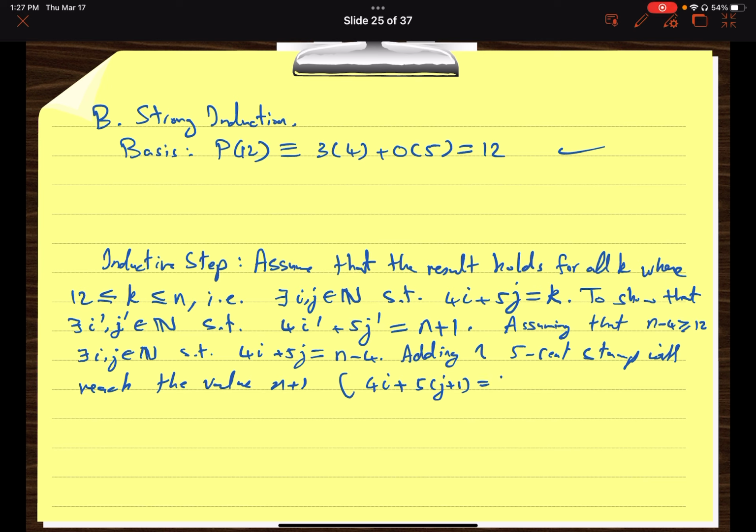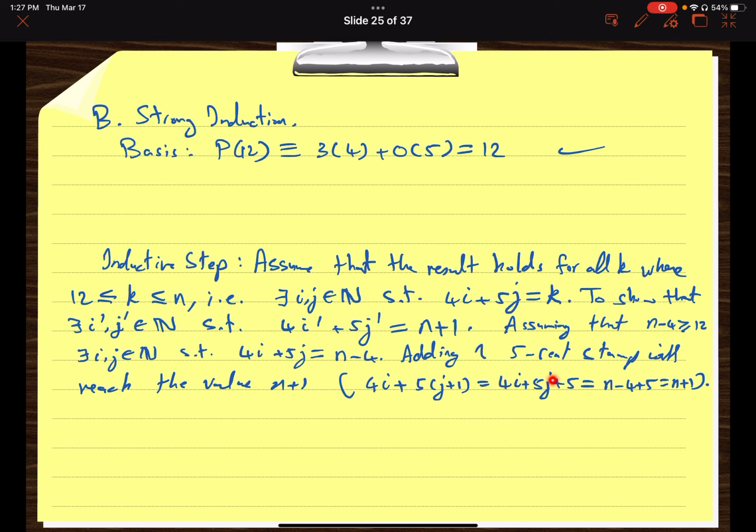Now this is equal to what? This is equal to 4i plus 5j plus 5, صح؟ وايش قلنا ال 4i plus 5j؟ قلنا هذا n minus 4 plus 5. This is n plus 1.